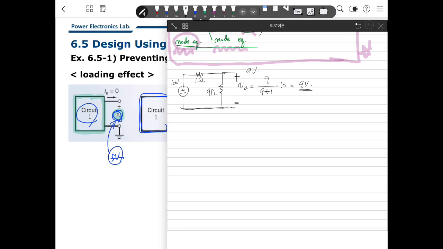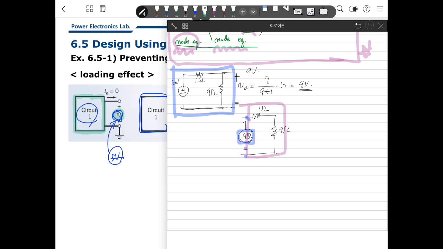So I want to connect some resistor bank here, circuit 2. This is 1 ohm, this is 9 ohm. I expect that adding here gives 9 volts. So this is circuit 2 and this is circuit 1. I insert the 9 volts into this second circuit.